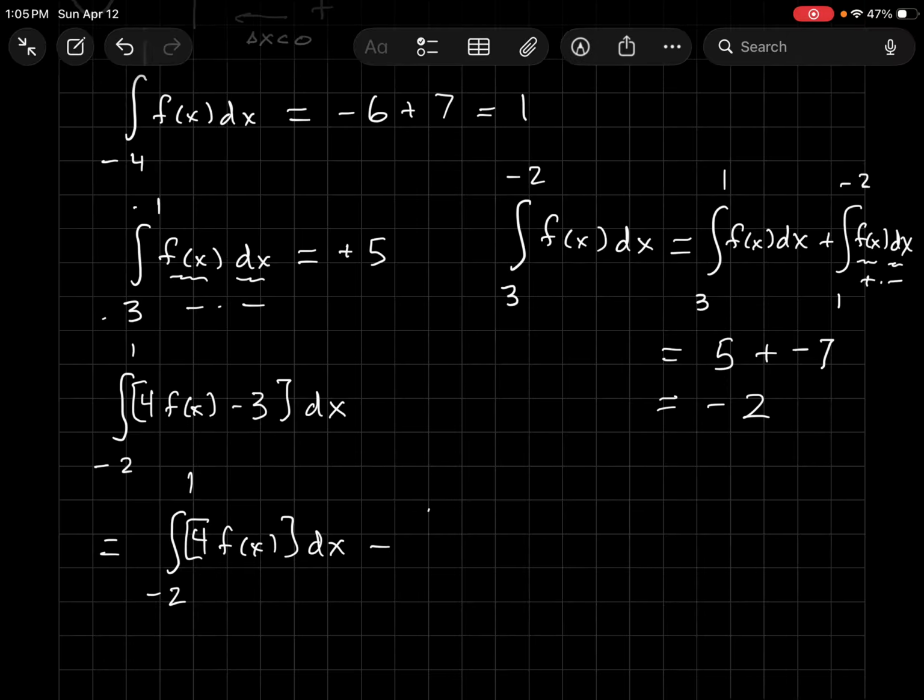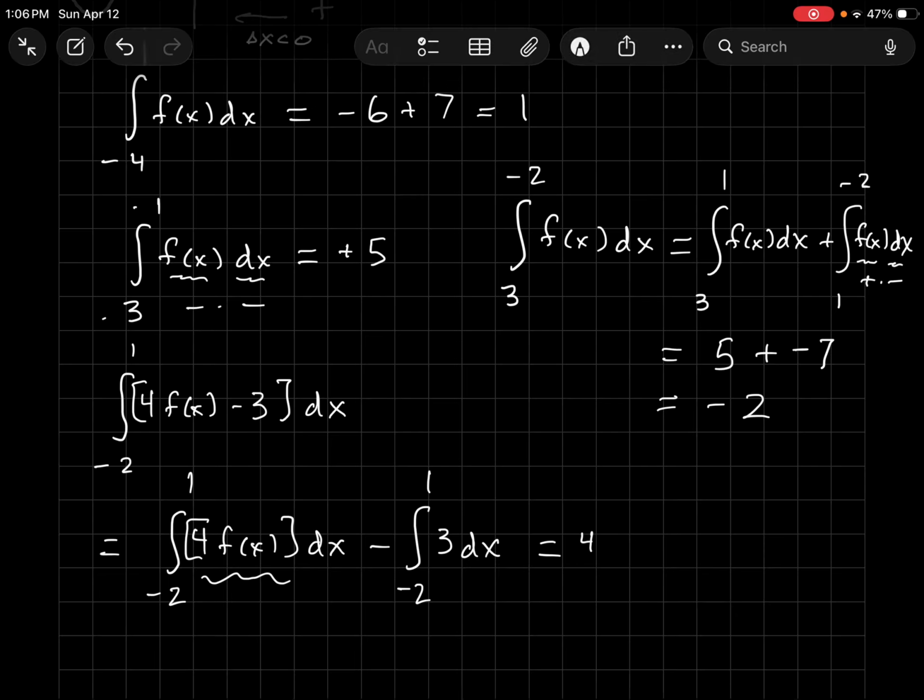But the point is, I could rewrite my integral, maybe it helps, maybe it doesn't, of 4 times f of x minus 3, as the integral of 4 f of x dx minus the integral of 3 dx, both on the interval negative 2 to 1. Now what does this equal? Let's look at this first integral only.